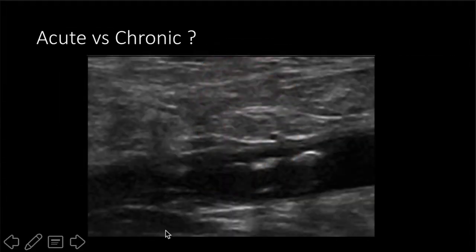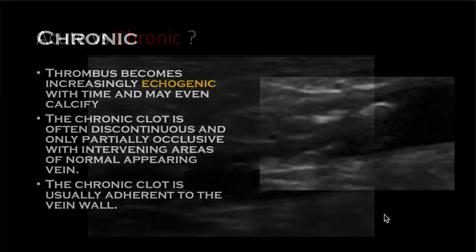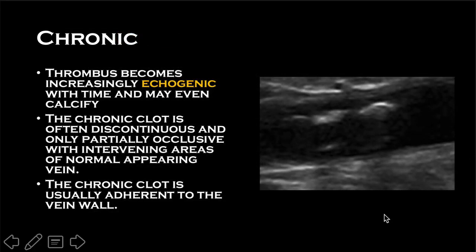All right, so companion case here. Same question: acute versus chronic. And you can see this one's hyperechoic and sort of stringy looking. That's chronic. So thrombus becomes increasingly echogenic with time. Sometimes it's even calcified. It's typically discontinuous and thread-like. It might be wall adherent.